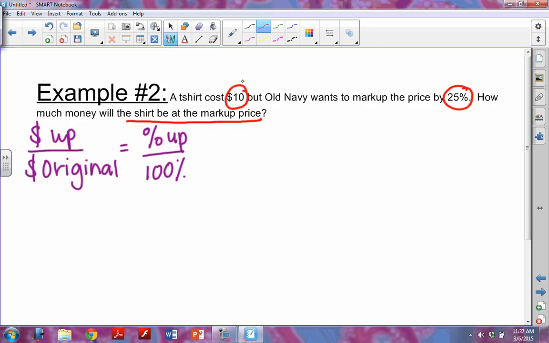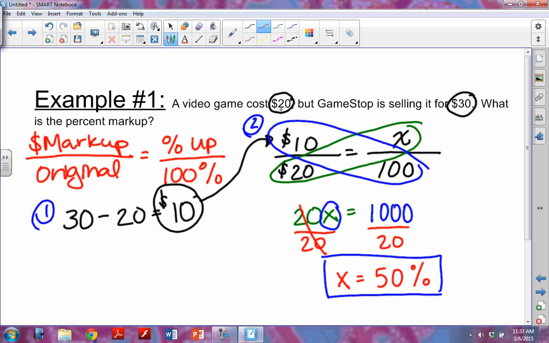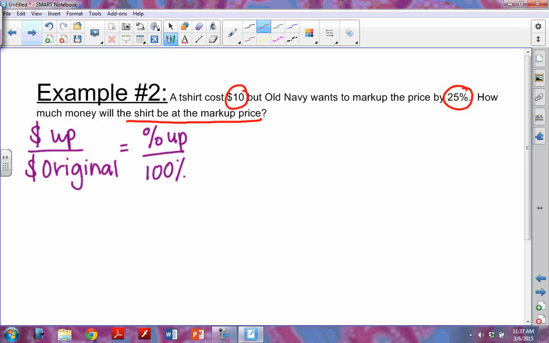As you notice, in example number 1, both of them were money. In this case, one is money and one is percent. So that means that I don't have to subtract first. I can get right into setting my proportion up. The money markup. The $10 is how much the shirt costs, so it's the original price.